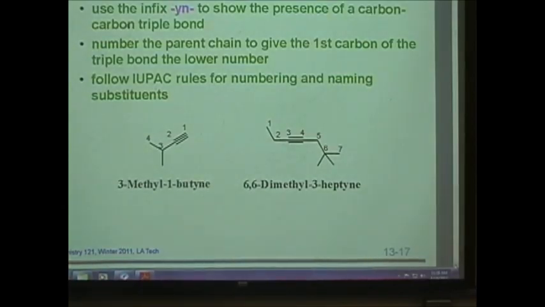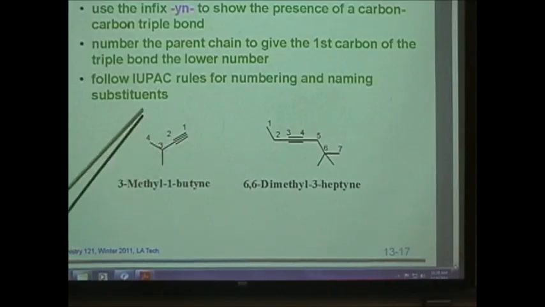This compound, okay. I labeled it. Longest chain is 4, butane, right? 1-butyne. Why is it 1-butyne? The triple bond is starting from 1, and that's going to be a 3-methyl because 1, 2, 3, 4.